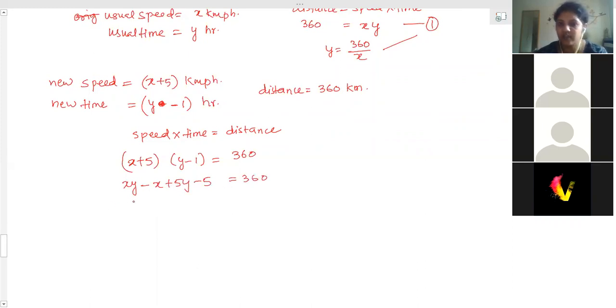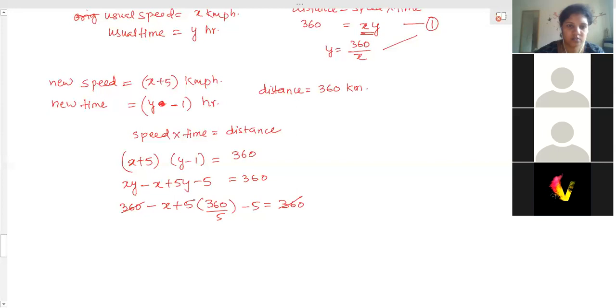What is the value of xy? We already got xy is 360, so 360 minus x plus 5 into the value of y. We need only one variable now, so we have to replace the second variable: 360 by 5 minus 5 is equal to 360. Now this 360 and this 360 cancelled.